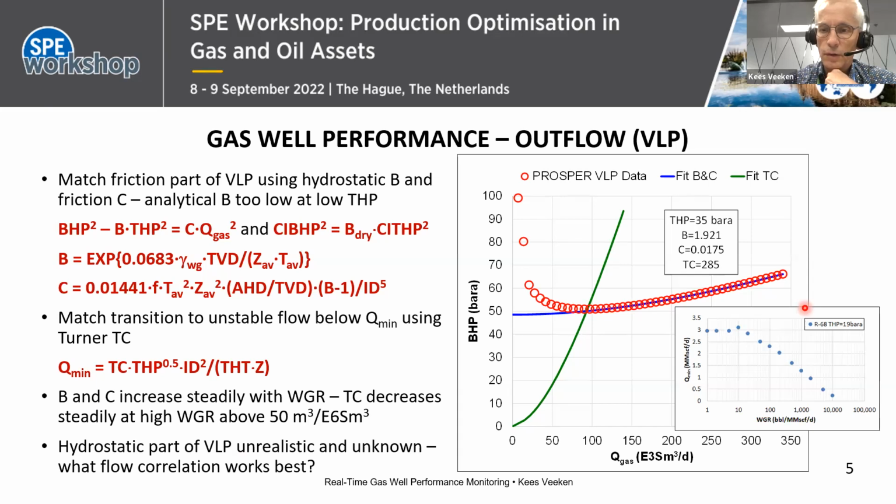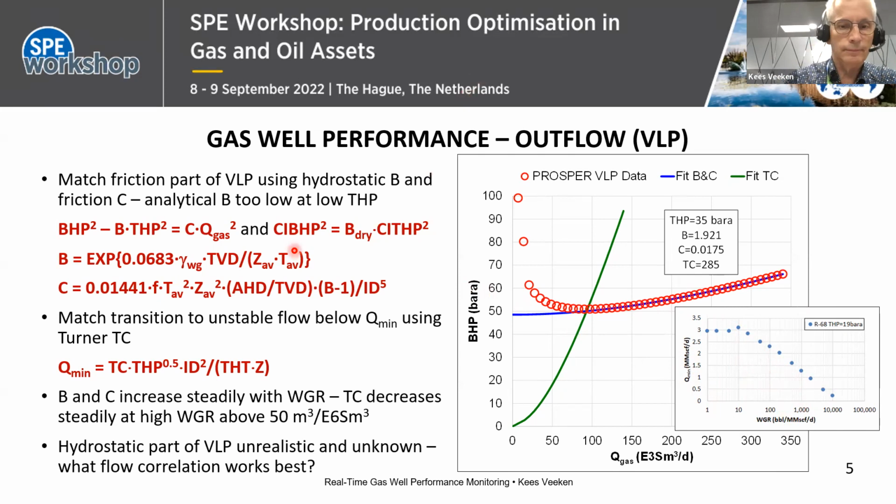You see this minimum rate, the liquid loading rate, plotted against WGR. And you see here at lower WGRs, up to 10 barrels per million, or 60 cubes per million cubes, the liquid loading rate is quite constant, but then it gradually decreases until it becomes almost zero. Obviously, if WGR goes over 1,000, you're more talking about a water well than a gas well, but it is something to consider.